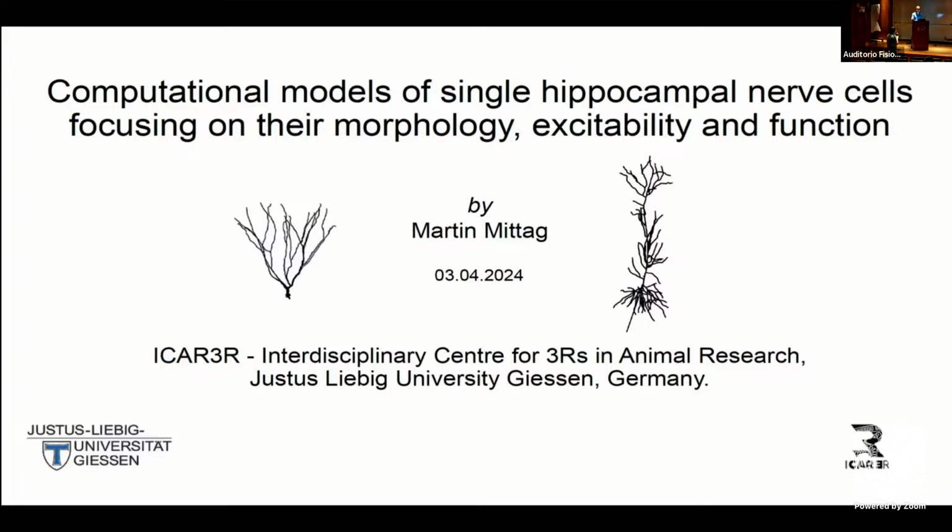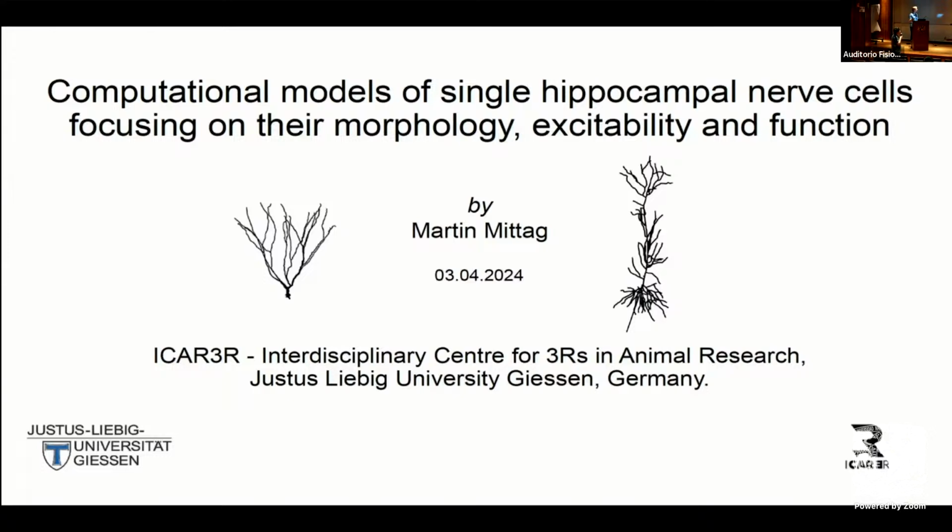Martin is going to talk about his PhD project, about how to model a single hippocampal nerve cell, and he works at the Interdisciplinary Center in Animal Research in Germany. So I think that is a different view from our research, and it's something that in Mexico is not so well developed.